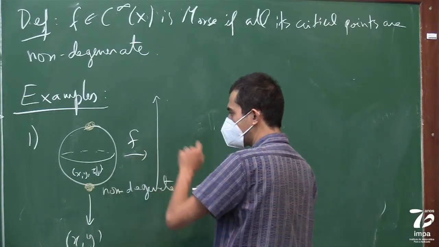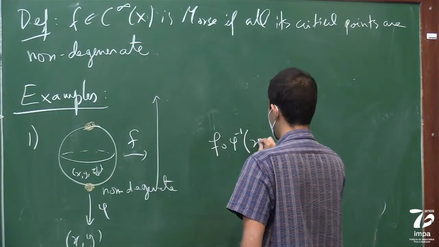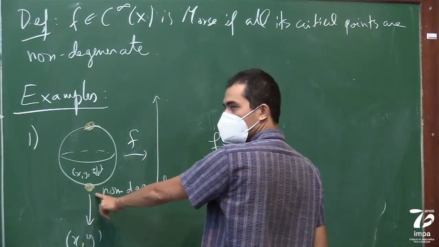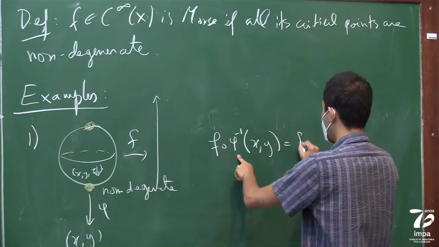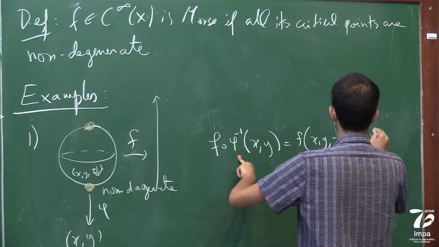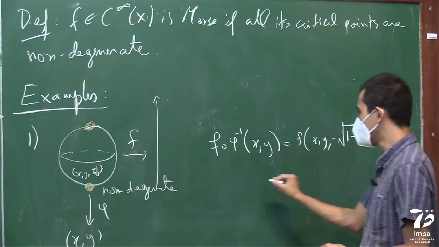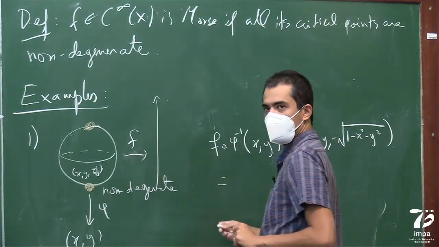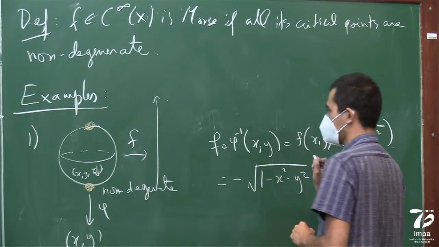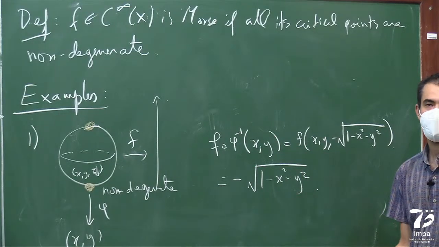So what is the expression of f composed with phi inverse of x and y? I want to look at the Hessian. If I'm at the minimum, this will be f of the point x, y, minus the square root of 1 minus x squared minus y squared. Since f is just the height function, that's just minus the square root of 1 minus x squared minus y squared. And it's a simple exercise to see that the second derivative matrix of this is non-singular.